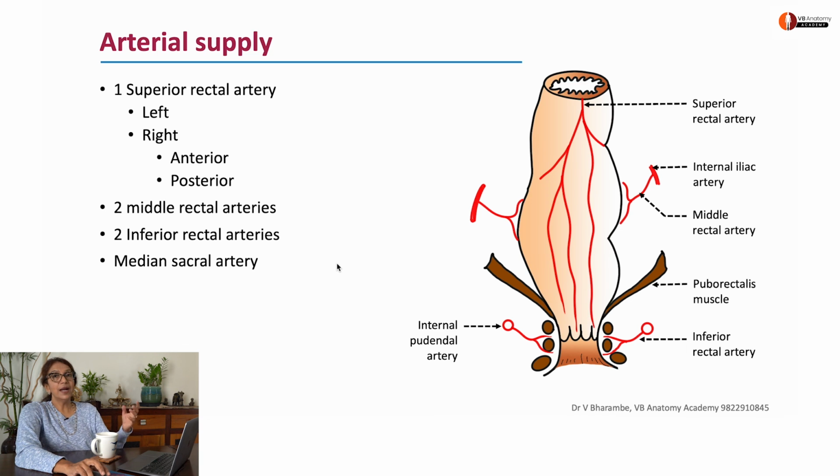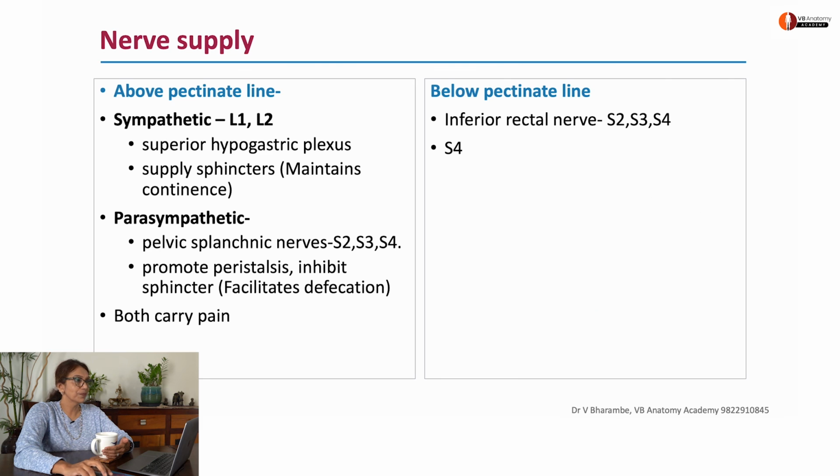Arterial supply to the rectum and anal canal is best understood in one go. It's supplied by the superior rectal artery, which divides as it enters into one left and two right arteries, right anterior and right posterior. The middle part gets supplied by the middle rectal artery, the lower part by the inferior rectal branch of the internal pudendal artery.